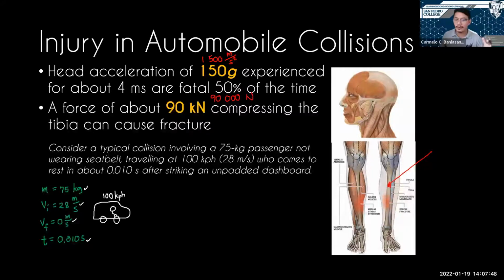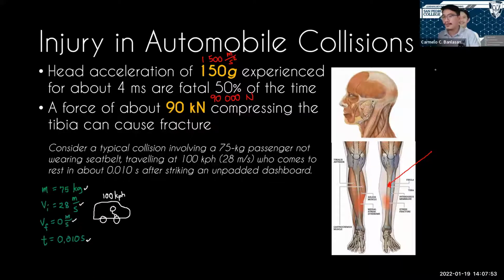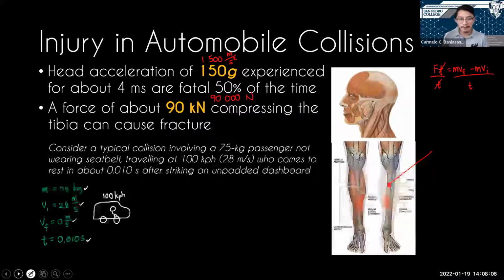Good. So let us try to calculate the force. What is the equation for impulse momentum? Force times time is equal to mvf minus mvi. So that means we just divide by t, divided by t. So that means force is equal to mvf minus mvi over time. Yeah, that's the formula for force.